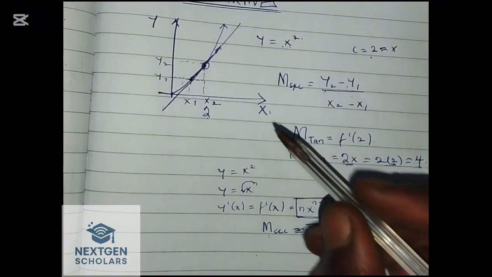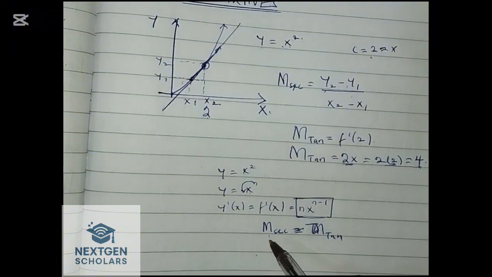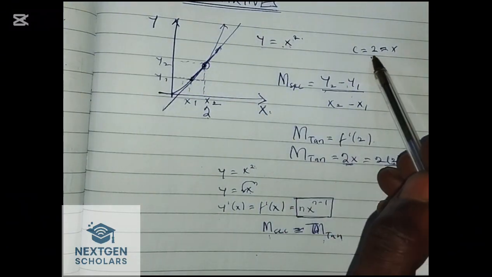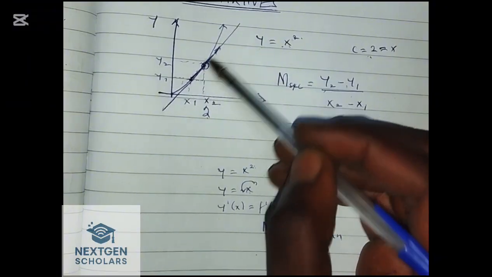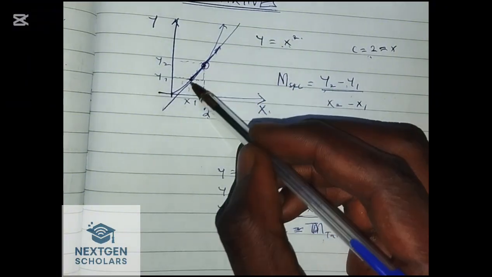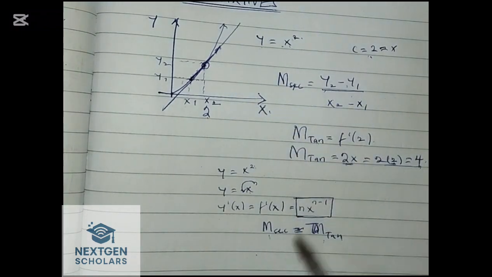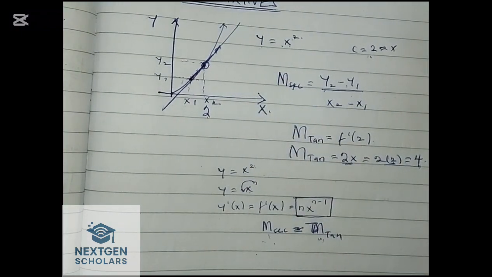I'll say it again: pick 2 points such that the center you have is in between them, and make sure those 2 points are close enough to 2 so that we can use them to approximate our secant line.